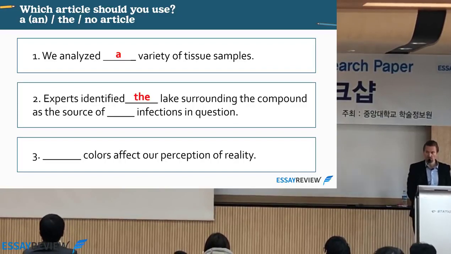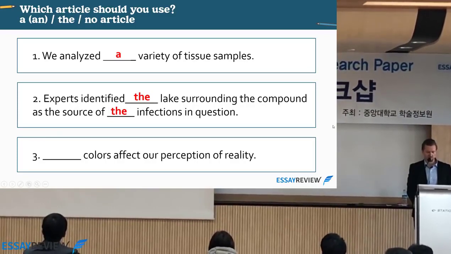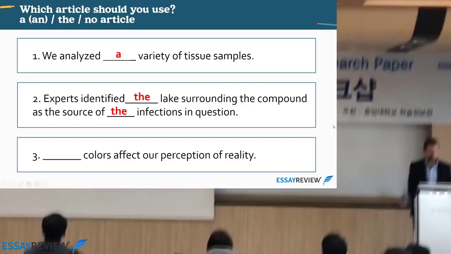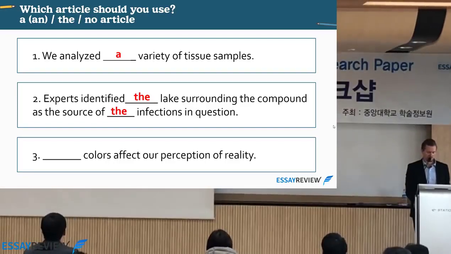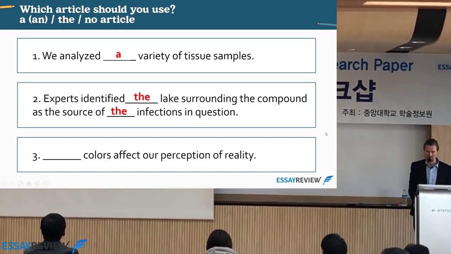Why do we use the in this case? Specific infection. Yeah, good. And a specific lake. If we just said the source of infections, then we would not need the specific. And 3, colors affect our perception of reality. Oh, you guys are smart.